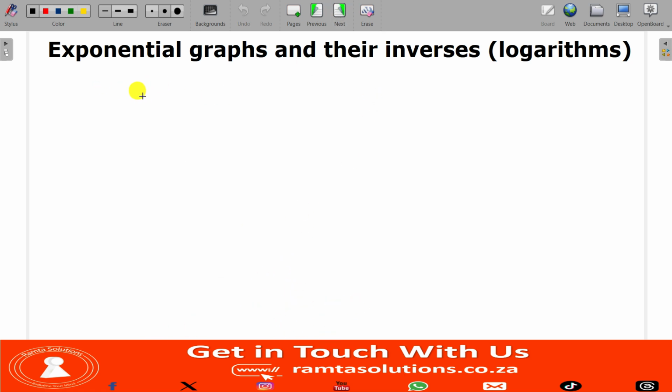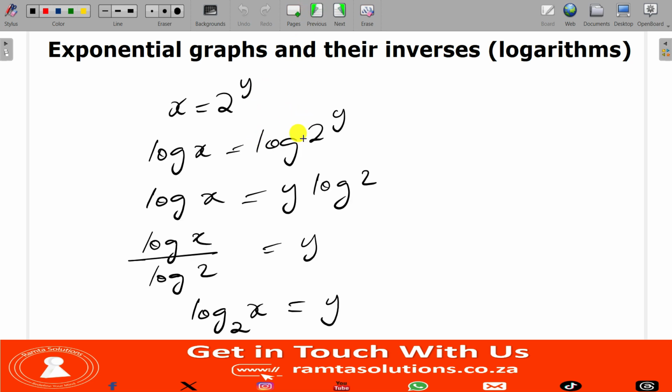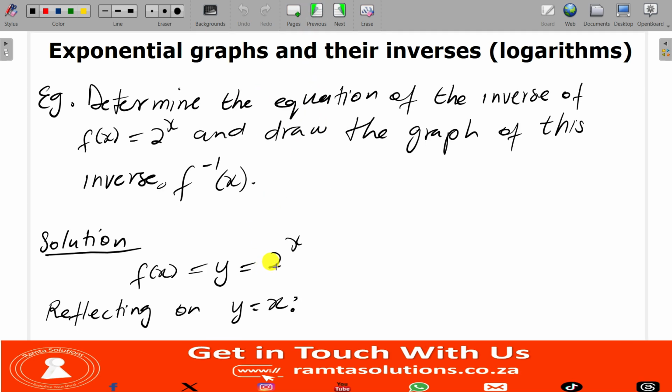Therefore, what do we say? We say f inverse of x is log x base 2. As you can see, this is the inverse of y is equal to 2 to the power x.